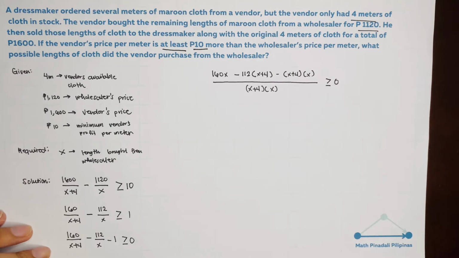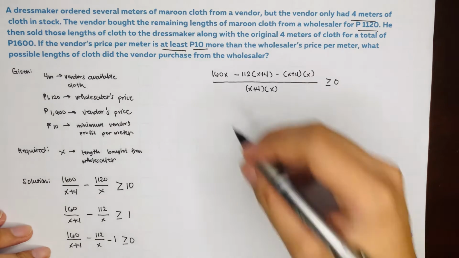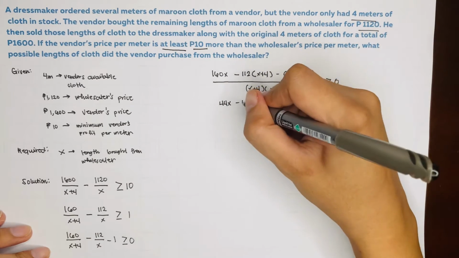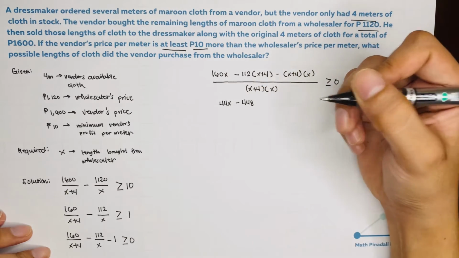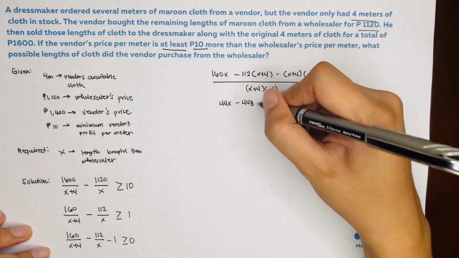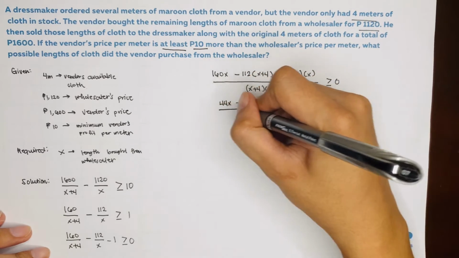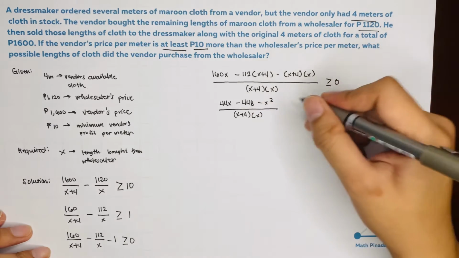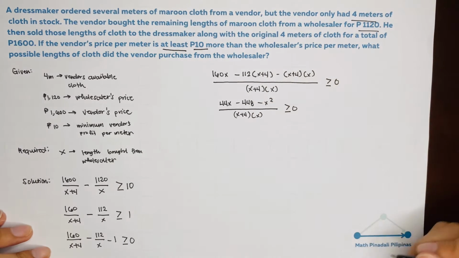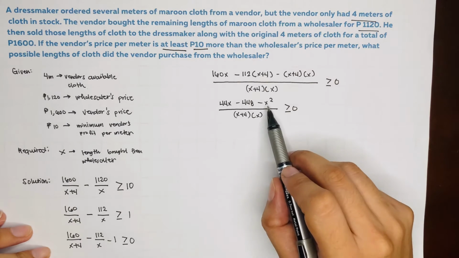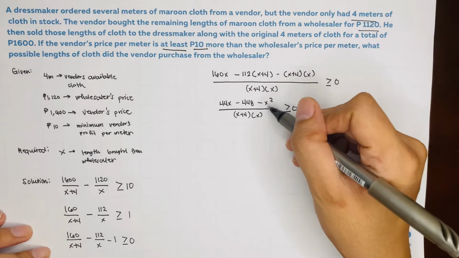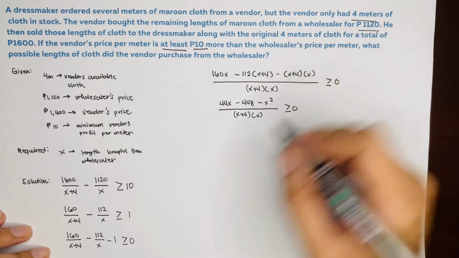Next, simplify natin. If we simplify this, our equation will become 44x minus 448 minus x squared all over x plus 4 times x is greater than or equal to 0. Okay. So, multiply natin both sides by negative 1 para maging positive yung coefficient ng x squared natin. And arrange lang natin equation.